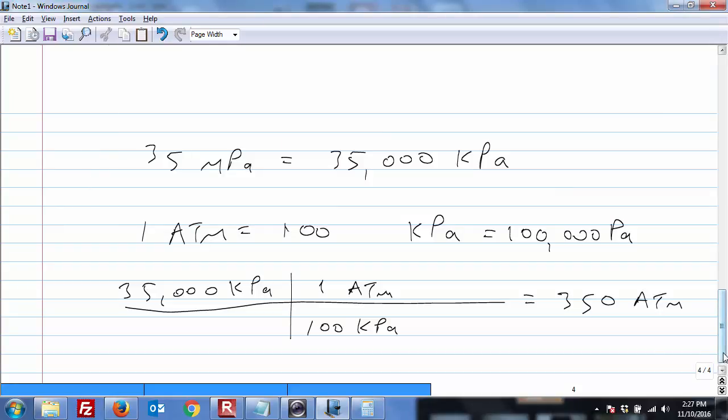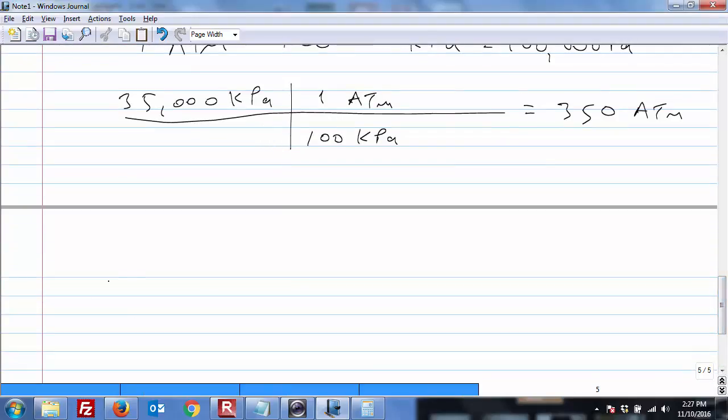And if we want to take that to PSI, 350 atmospheres, one atmosphere is 15 psi, or maybe 14 psi.